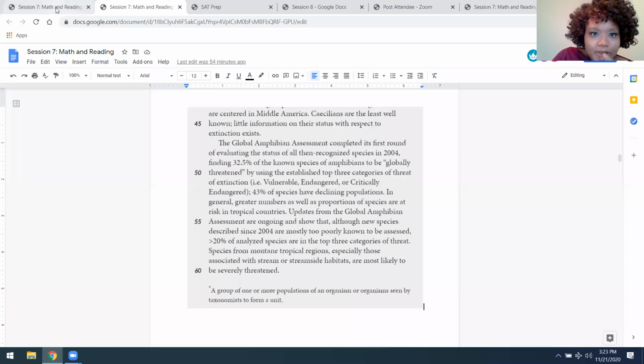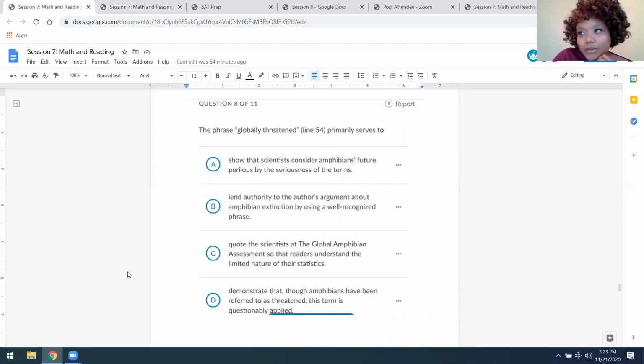The answer choice is A. Well, we can look at it by eliminating other things. Let's look at B: lend authority to the author's argument about amphibian extinction by using a well-recognized phrase.